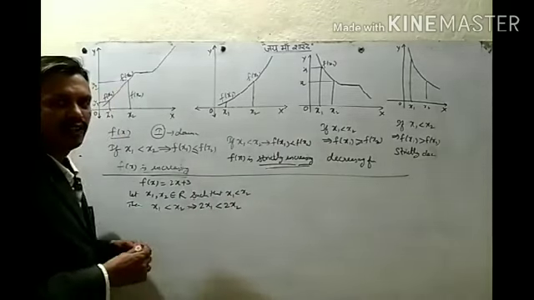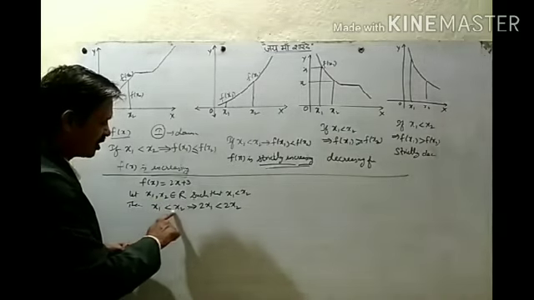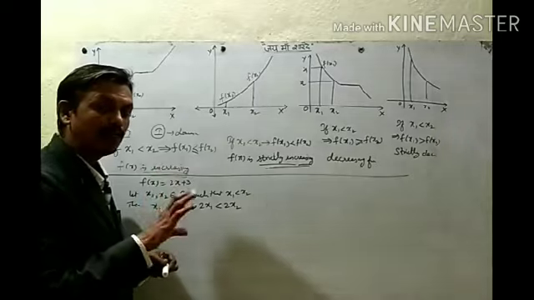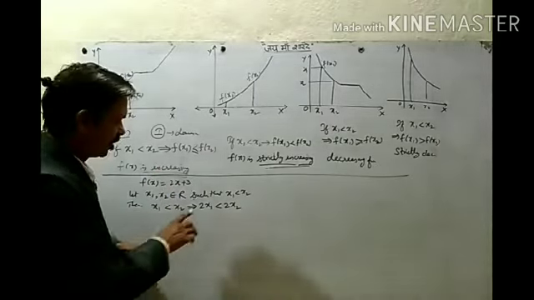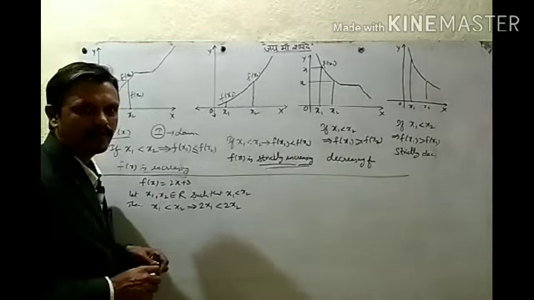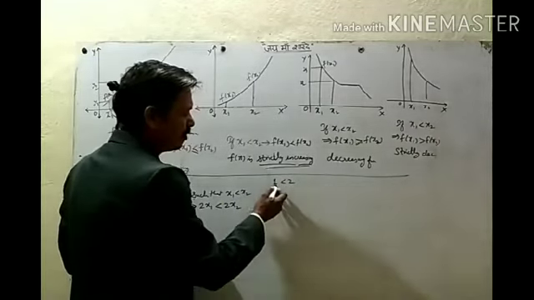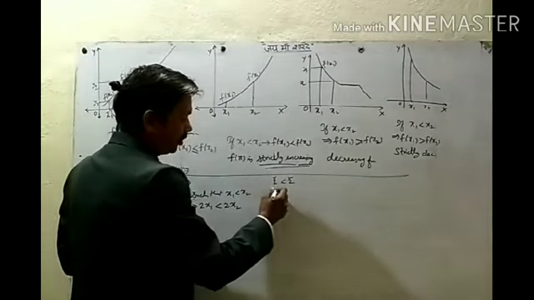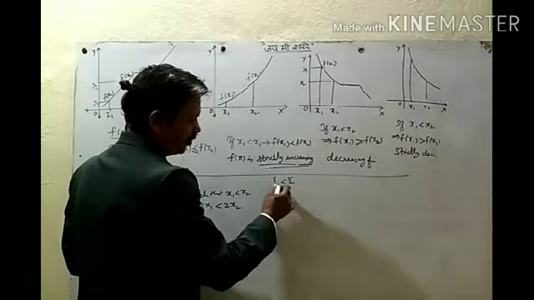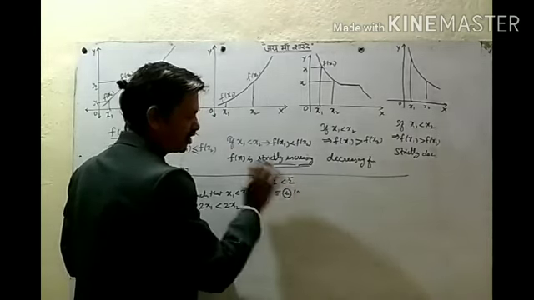Okay? See, when two numbers are like this, one is less than the other, and if you multiply by any positive number, the relation remains the same. If 1 is less than 2, and you multiply by a positive number, 5, we get 5 here and 10 here. So again this relation is the same.